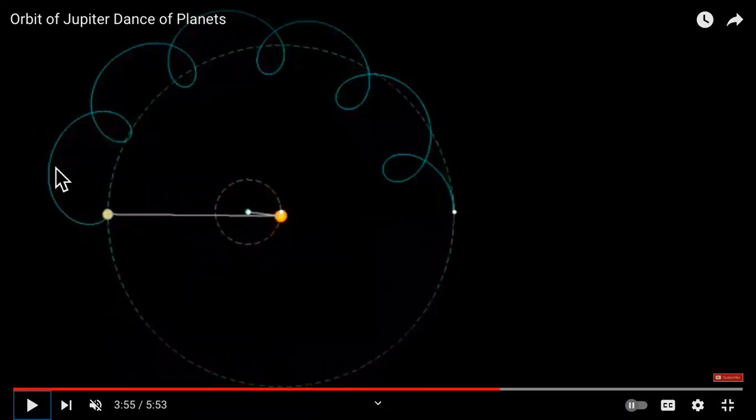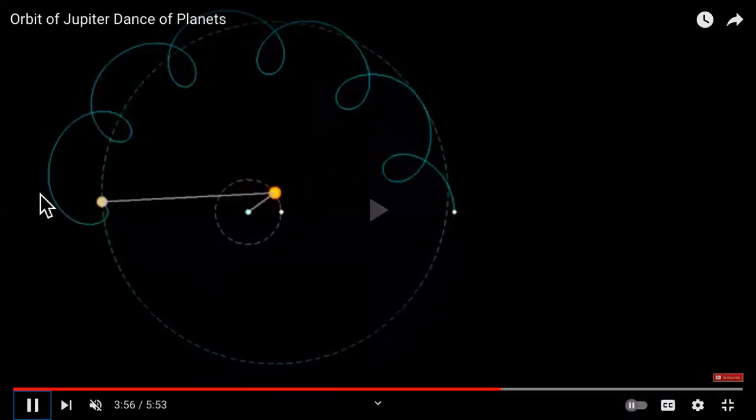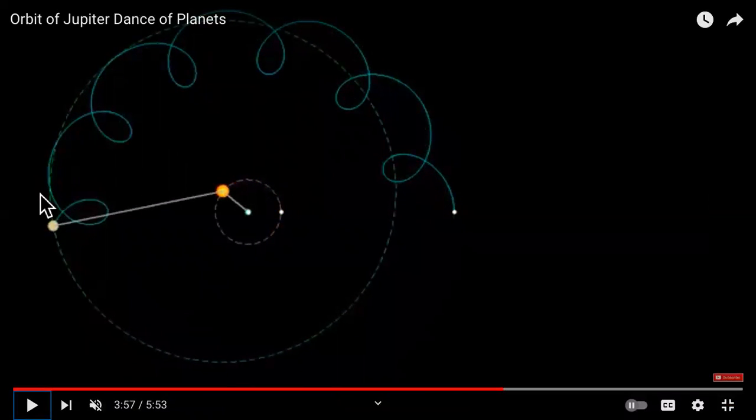Now the movement of these planets going forward and then going towards backward motion, especially backward motion, is called retrograde, where the planet moves back and forth. This is called retrograde motion. We'll try to understand this in more detail, but let's focus here on Jupiter.